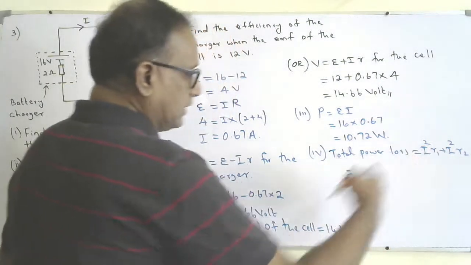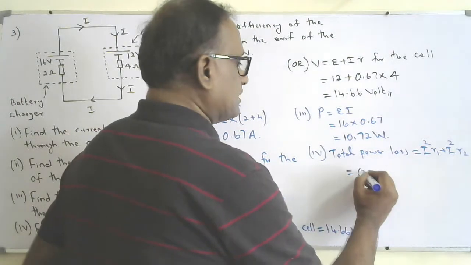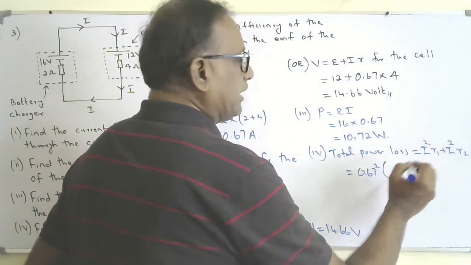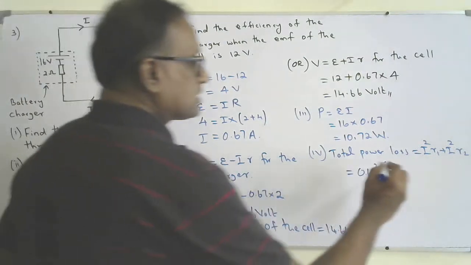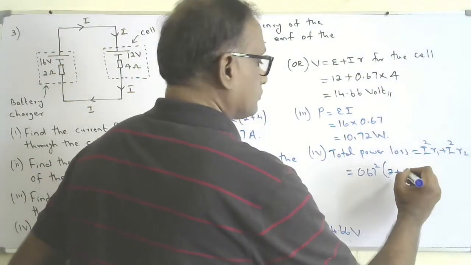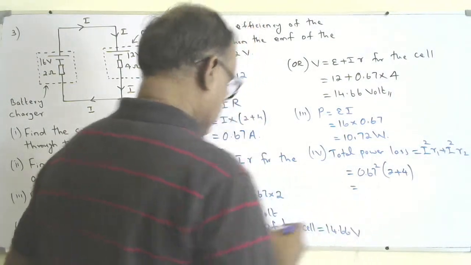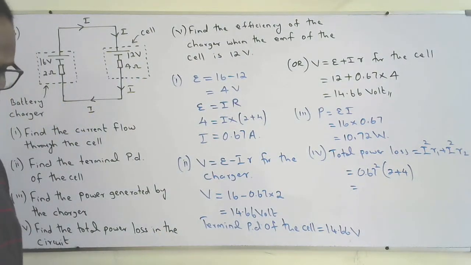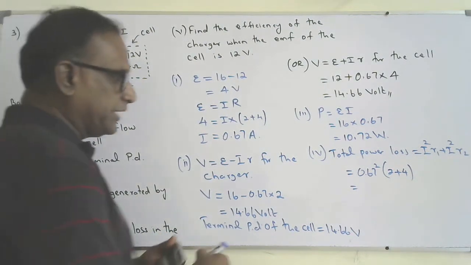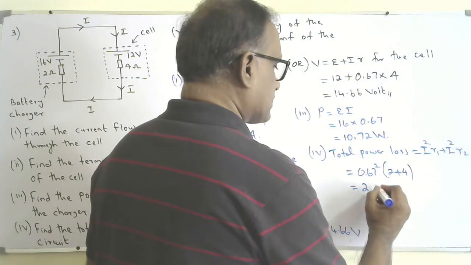I can take I squared common. So I squared will be 0.67 squared, into R1 plus R2, which is 2 plus 4. So that will be 2.69 watts.